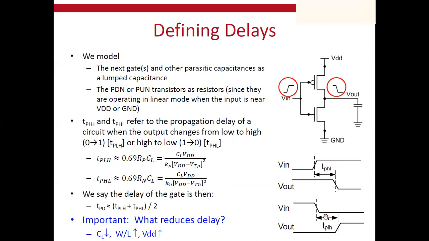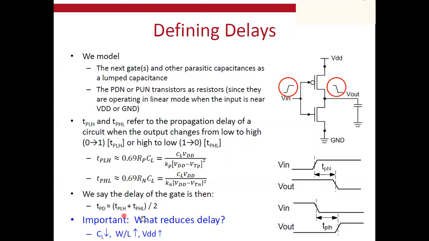The overall propagation delay is simply calculated as the average between these two delays. The tP here of course stands for propagation, and here is high-low because the output is falling from high to low, and here from low to high, as you can see.